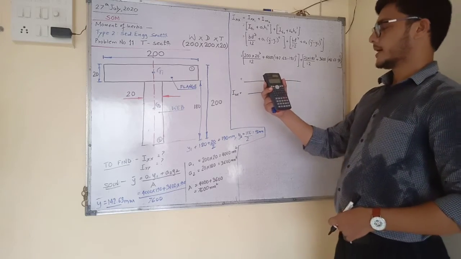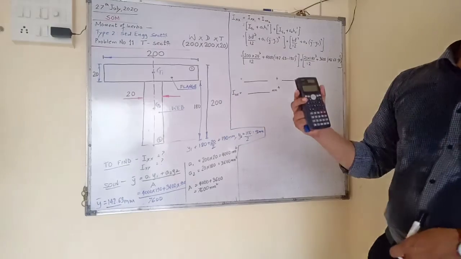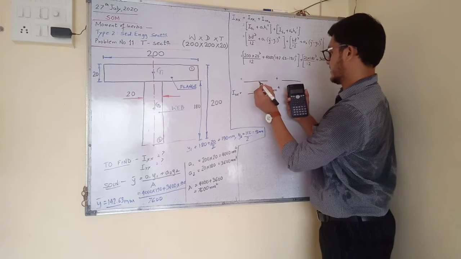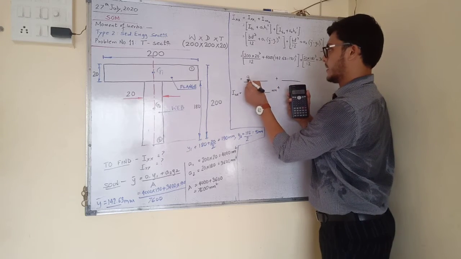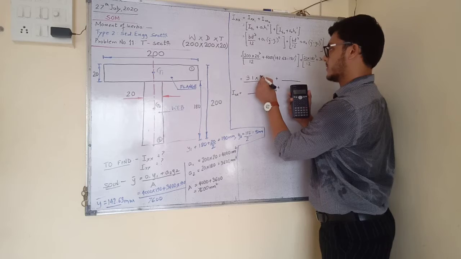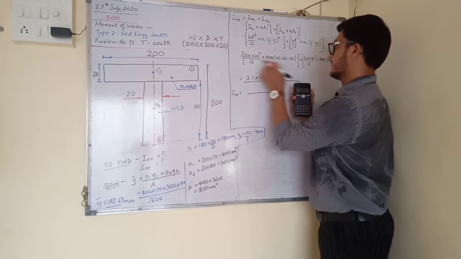I got this answer as 9.1 into 10 raised to 6. This is the first bracket.